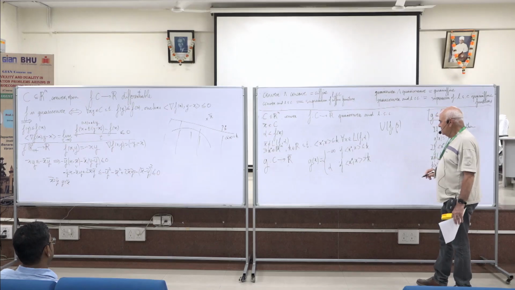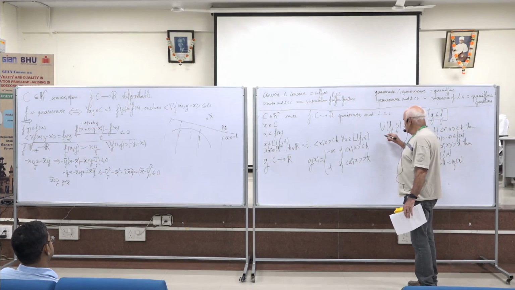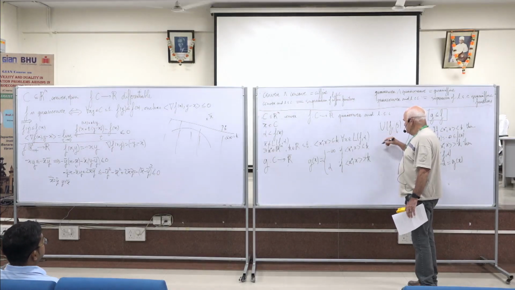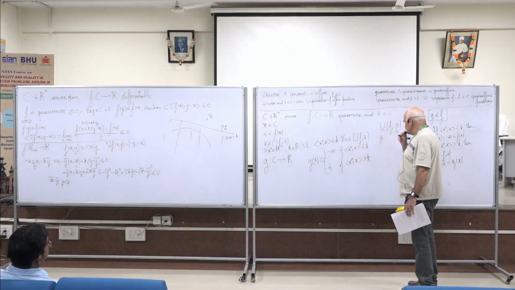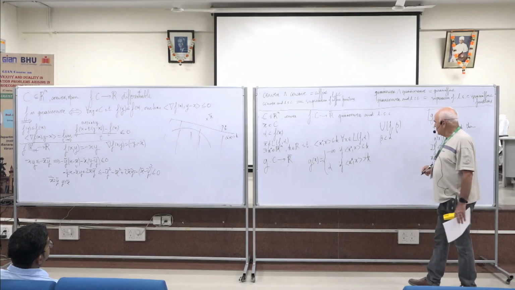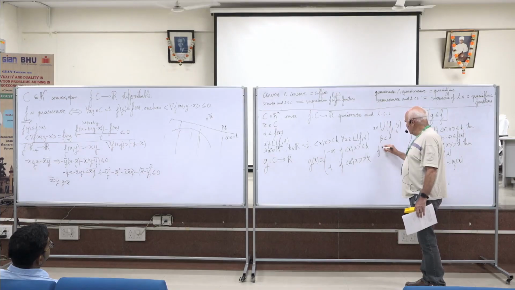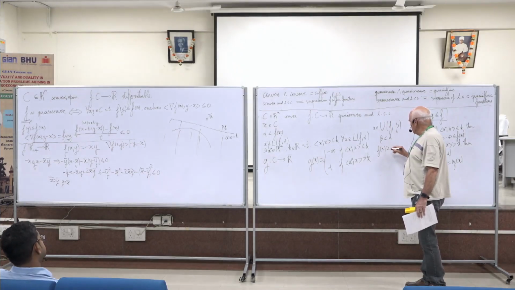If beta is less than alpha, what is the condition? Then g of x greater than or equal to beta.